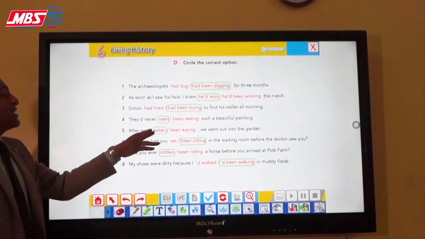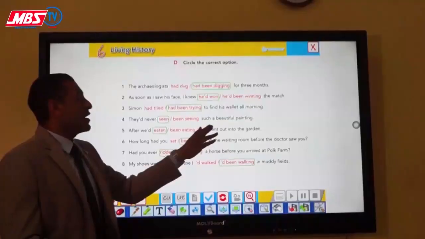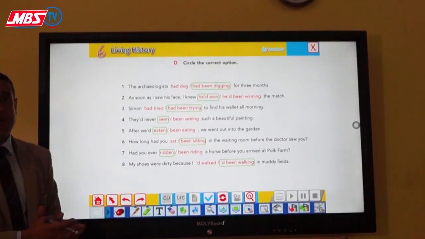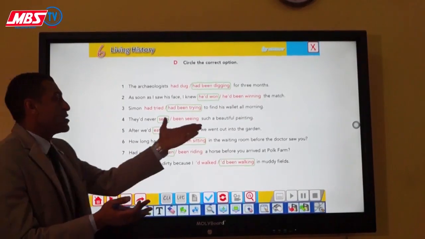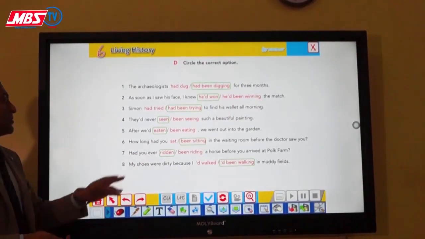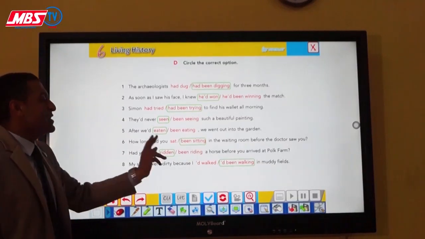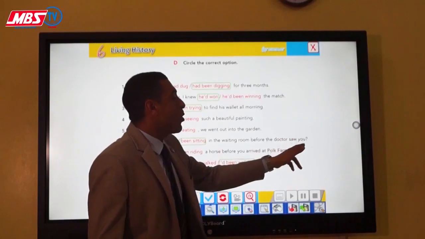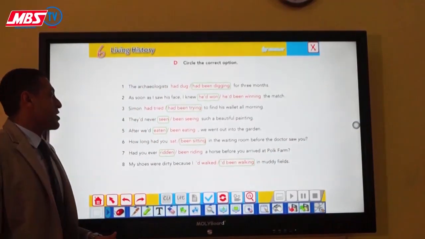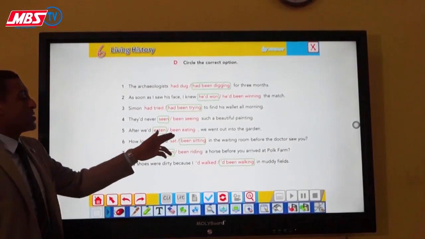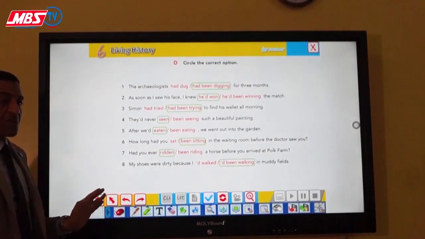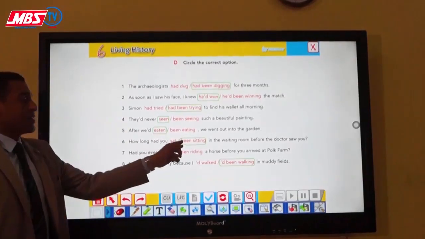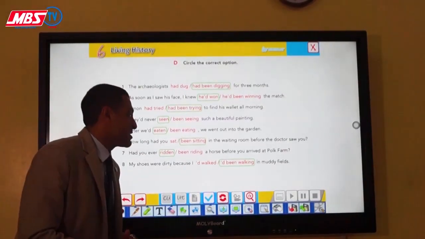After we had eaten, we went out into the garden. After we had eaten, just to focus on the action. We finished eating, then we went to the garden. How long had you been sitting in the waiting room before the doctor saw you? So here, I use the progressive form because I have a result and an action that can tell me it was in progressive way.